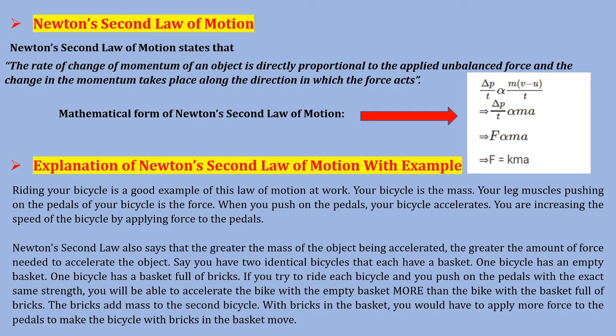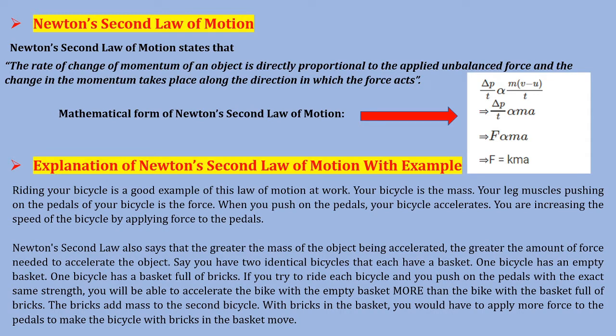First, Newton's second law of motion. What is its statement? Newton's second law of motion states that the rate of change of momentum of a body is directly proportional to the applied unbalanced force, and the change in the momentum takes place along the direction in which the force acts.